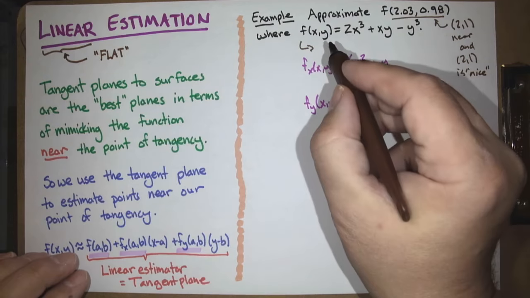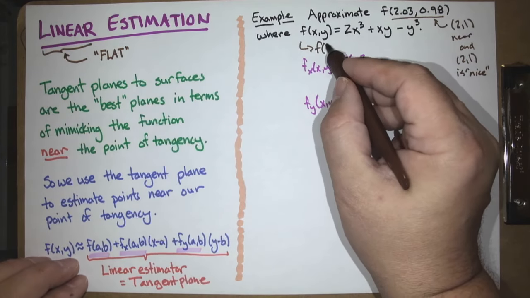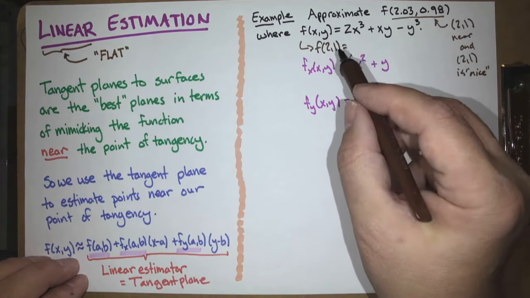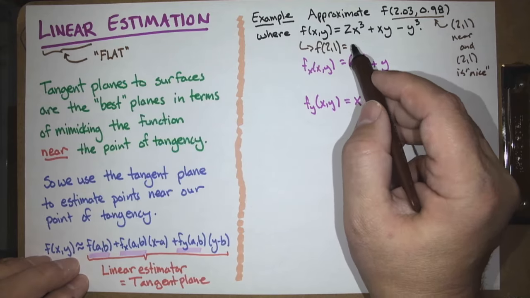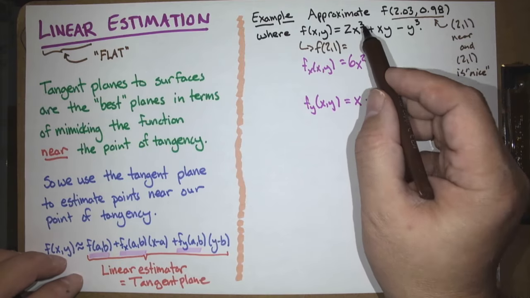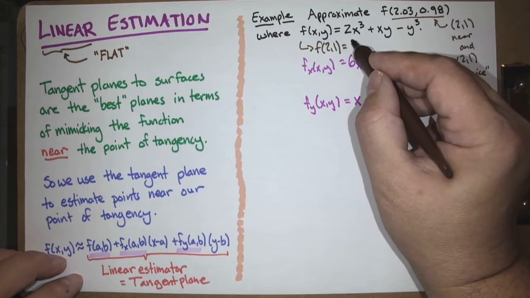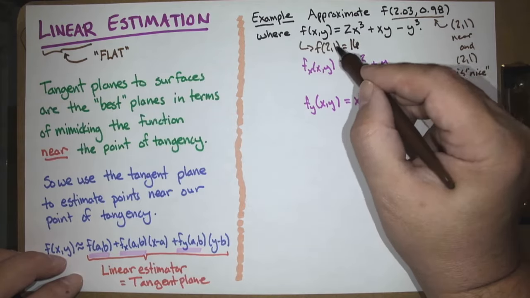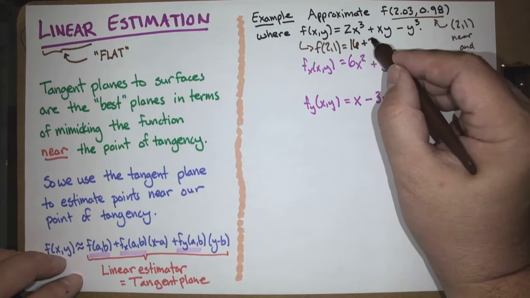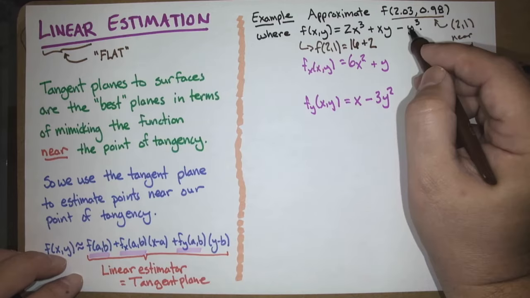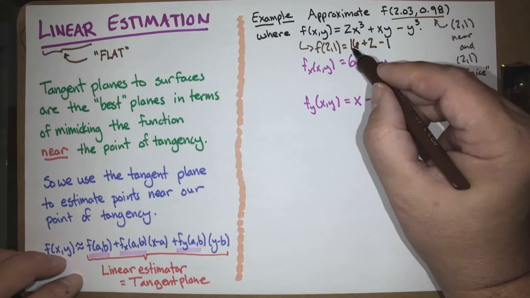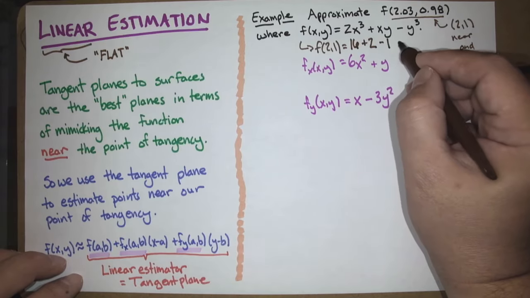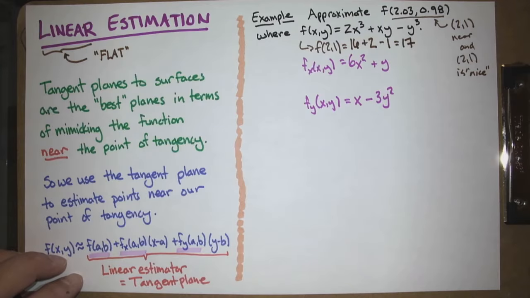Okay, so we plug in f of 2, 1. So x equals 2, y equals 1. 2 times 2 cubed, that's 2 times 8, 16. X times y is 2 times 1, which is 2. Y cubed is 1. 16 plus 2 minus 1 makes 17.